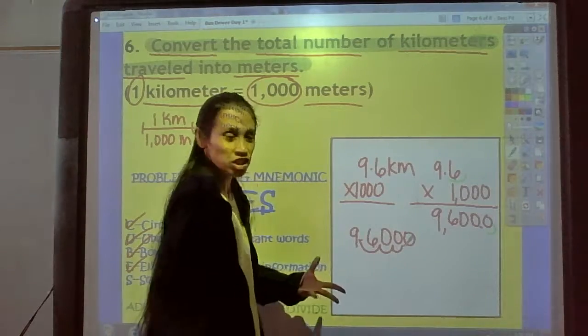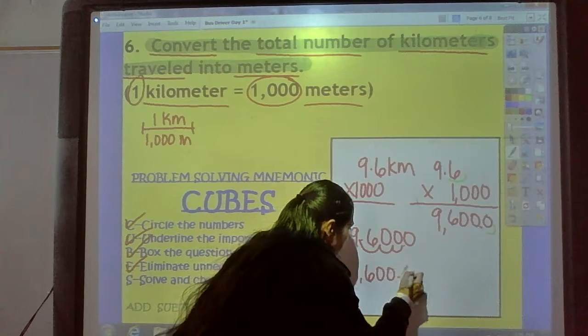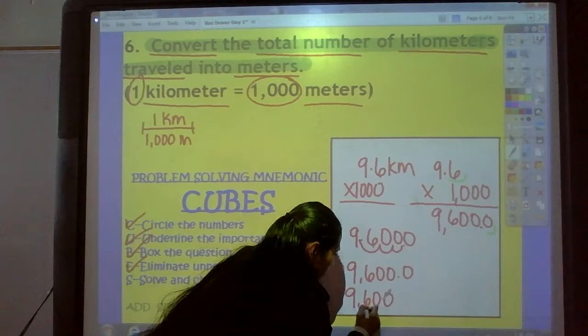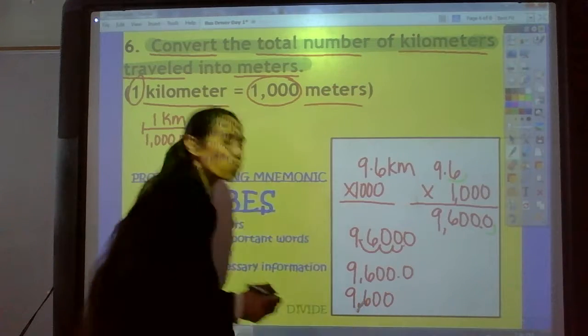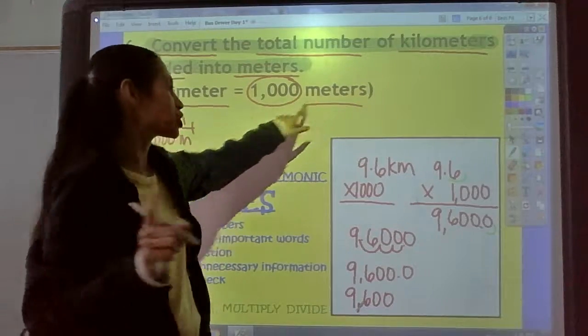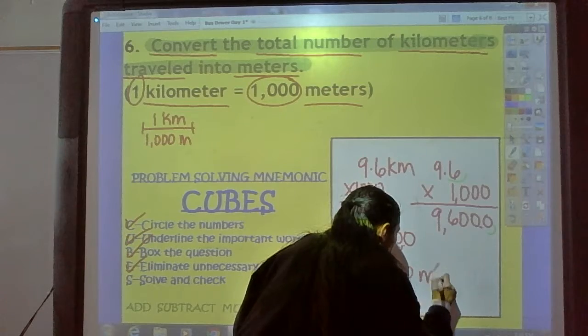That's the same answer, 9,600. Make sure to add that comma. And what is our unit? Meters, not kilometers. Remember, that was kilometers. Now we have meters.